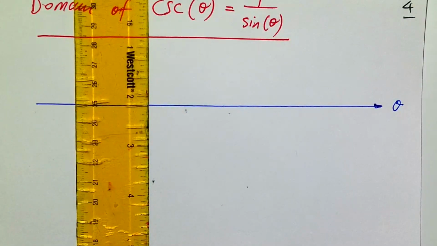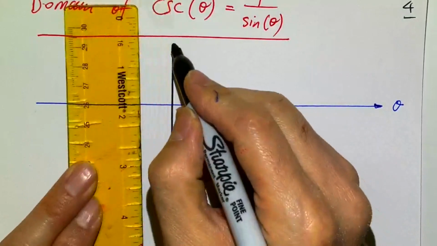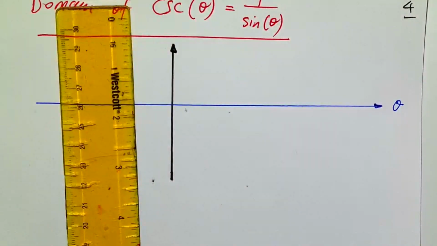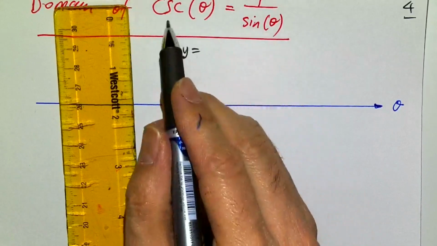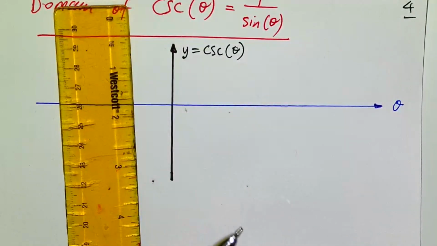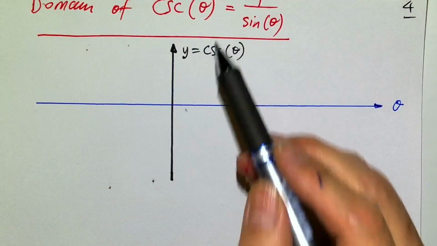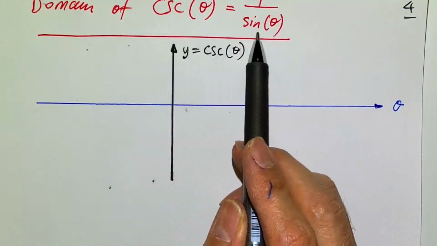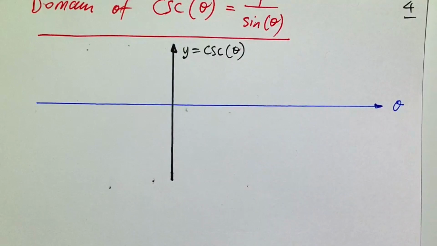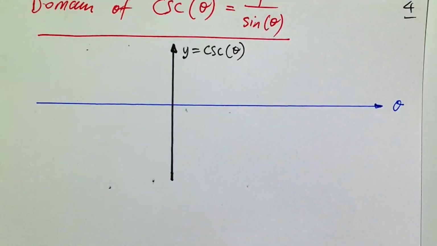And then let me draw the vertical asymptote. Let's call this y equals the cosecant theta, right? Cosecant of theta function. And because there's a relationship between cosecant of theta and sine theta, let's draw the sine theta graph. Let's draw this graph first, okay?